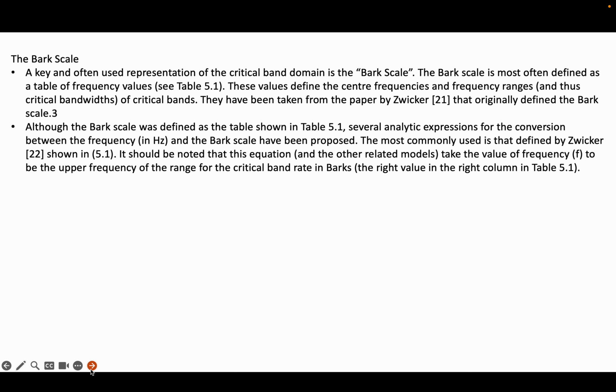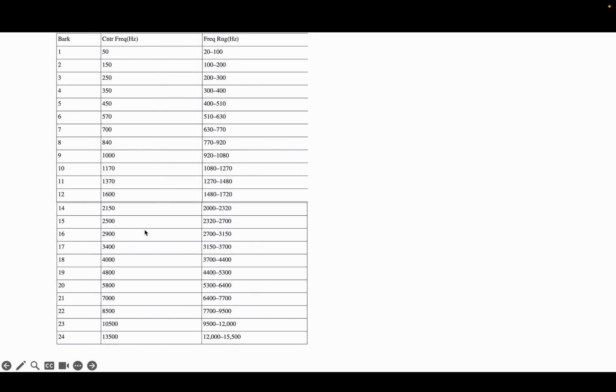In addition to the table, there are analytical expressions that were derived for conversion between frequency and the Bark scale. The usefulness of this for people in engineering and audio engineering who are doing signal processing, this conversion is debatable. So we'll look at the table.